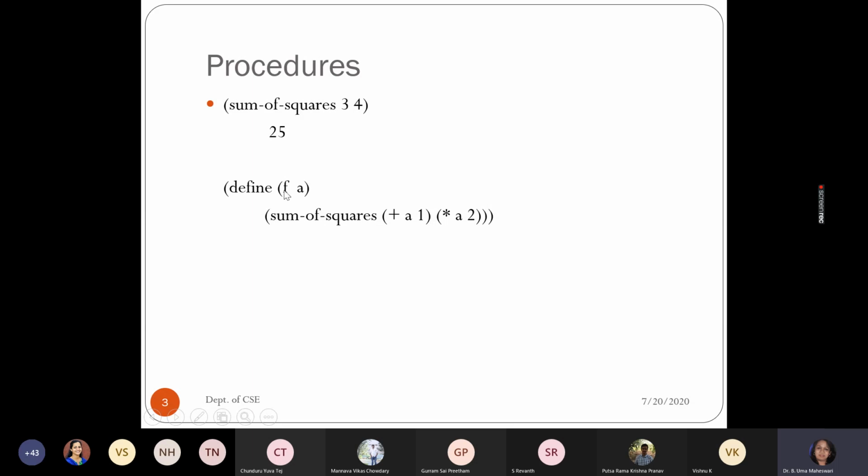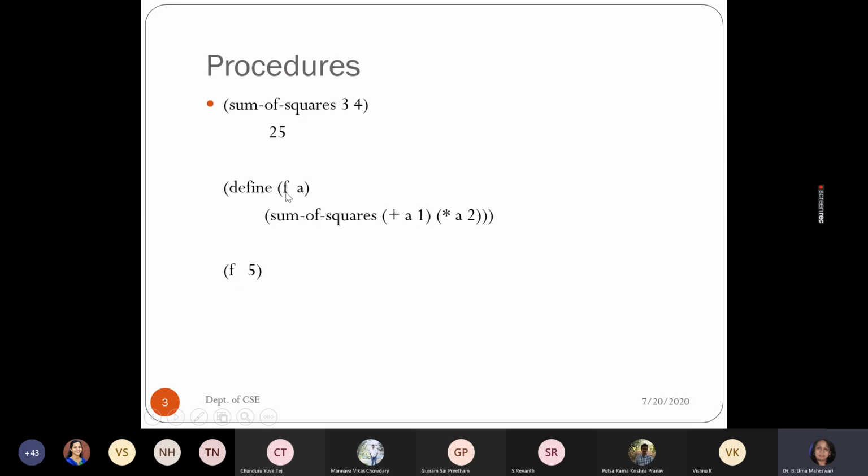So going a little higher level, define a function f with formal parameter a. In the body of the procedure, sum of squares of a plus 1 and a into 2. There are two parameters: a plus 1 is the first parameter, a into 2 is the second parameter.